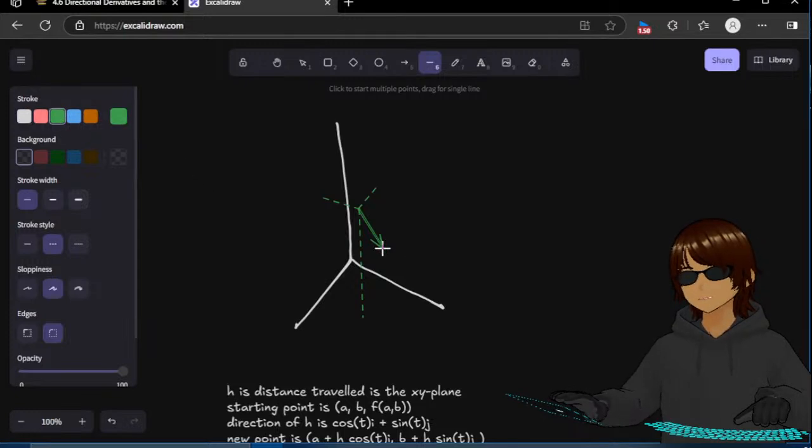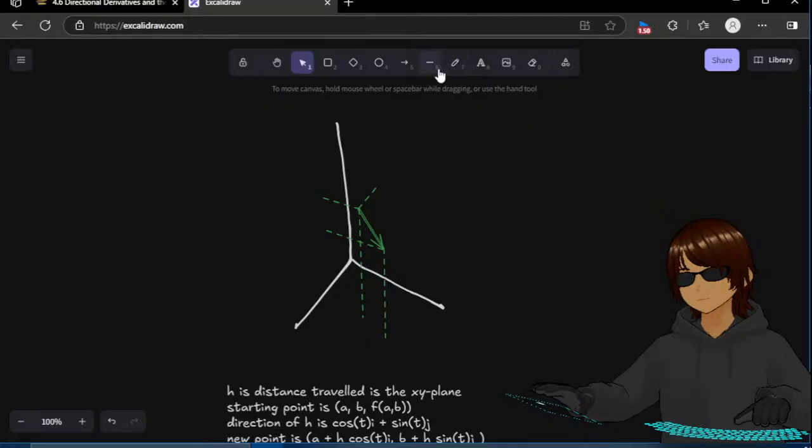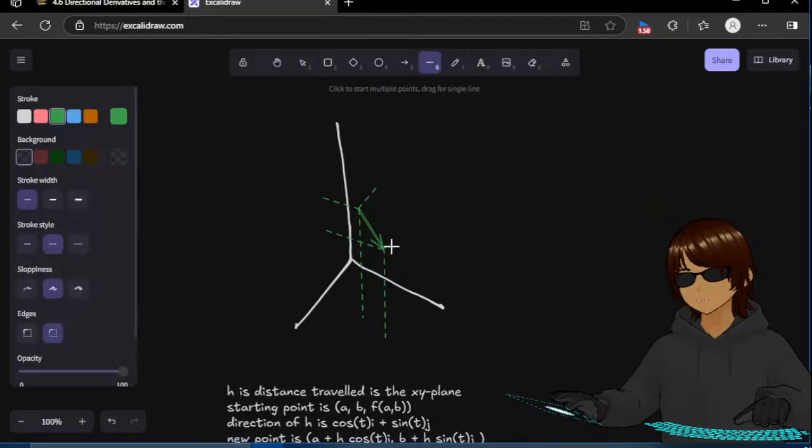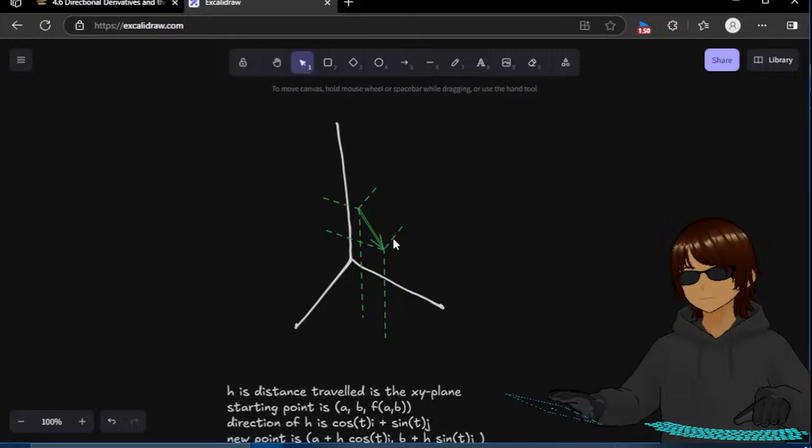So the new point is here, and here, and here. Okay, let's say this is the new point.